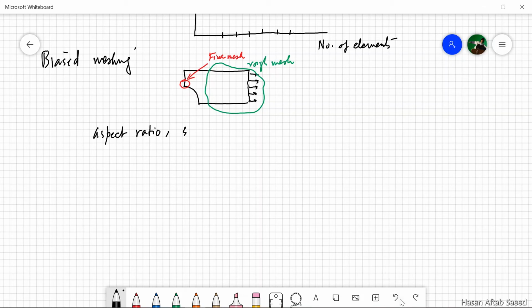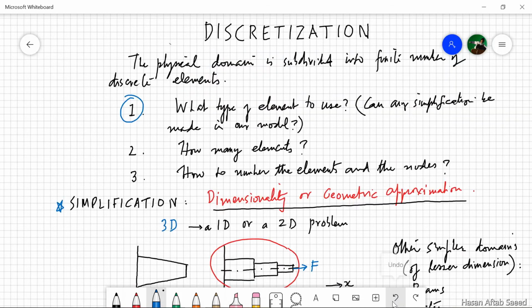There's something called skew, taper, and internal angles. For all these measures there are some acceptable limits, but more on that when we discuss these aspects in detail later on. So we have addressed this question also.